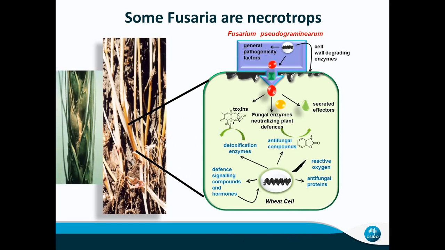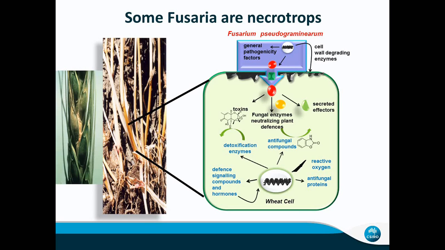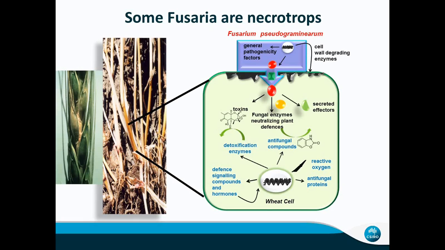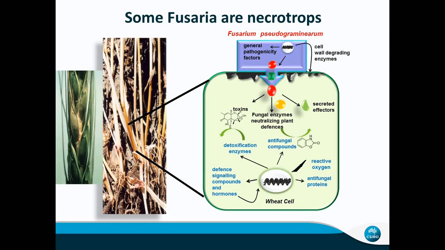But some of the others can be necrotrophs. Necrotrophs are just the opposite of biotrophs, like the crown rot pathogen that we talked about earlier and the Fusarium head blight pathogen. They are normally considered necrotrophs. Necrotrophic pathogens release cell wall degrading enzymes and a number of other toxins, as well as some effectors.